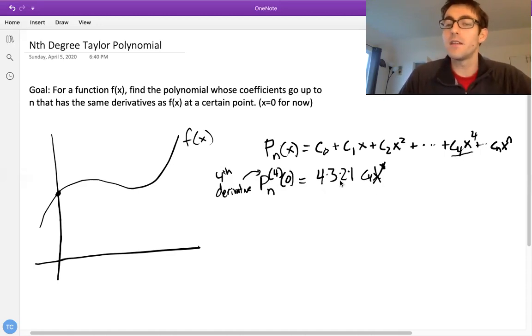So if we were to plug in 0, we want this to be equal to the fourth derivative of our function evaluated at 0.